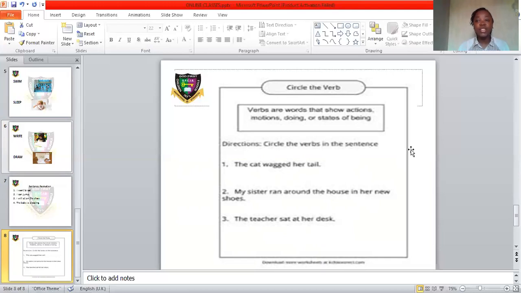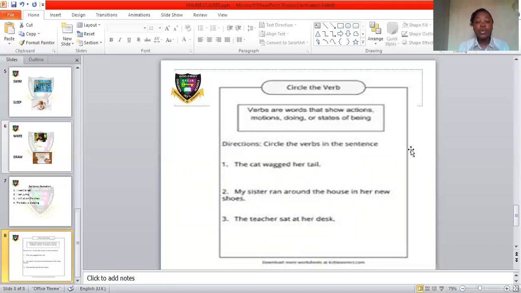So the action she carried out there is that she ran around the house in her new shoes. So the verb there is ran.